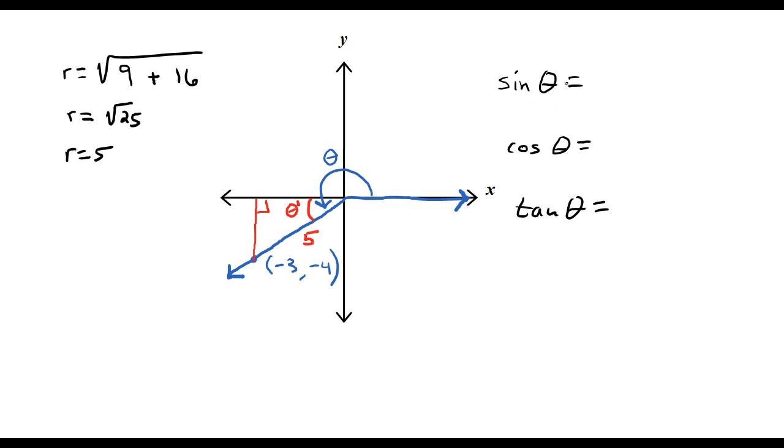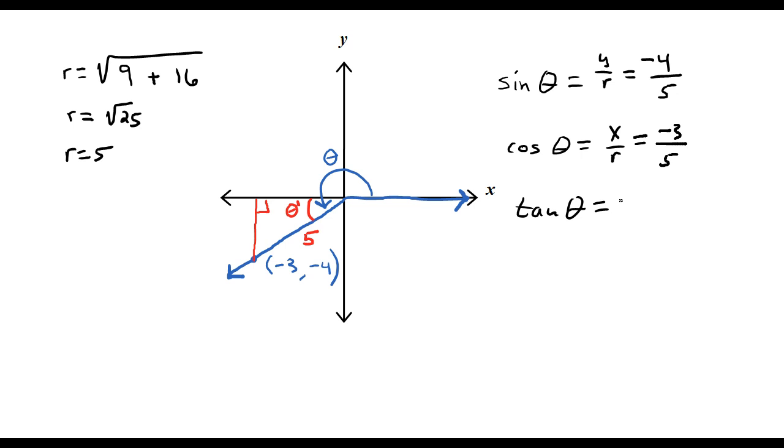So when I come over here to my trig values, the sine is y over r. Now in this case, my y-coordinate is -4, and I found that r was 5. Cosine is x over r, and so that is going to be my x-coordinate, which is -3 over 5.